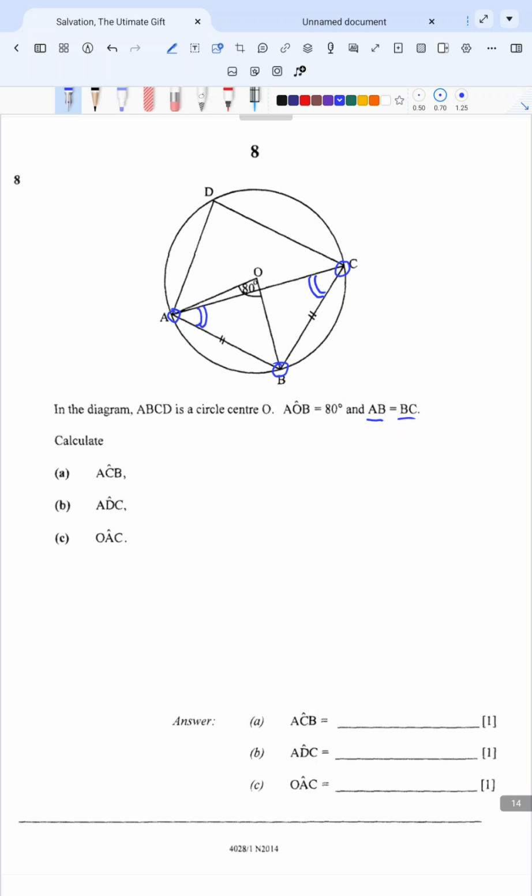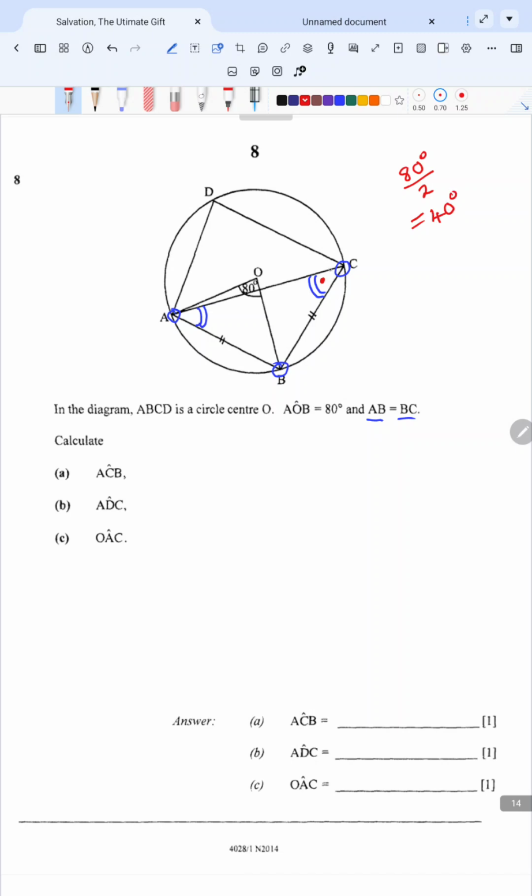Part A, calculate angle ACB. They want you to calculate this angle here. This angle is the required. According to circle geometry theorems, we all know that angle at the center is twice angle at the circumference. So I'm going to divide this 80 degrees at the center by 2. 80 degrees divided by 2 gives me 40 degrees.